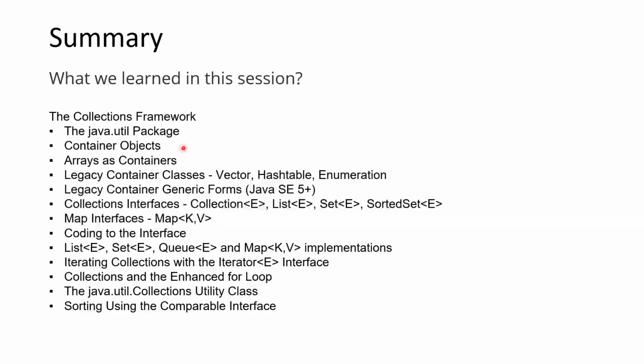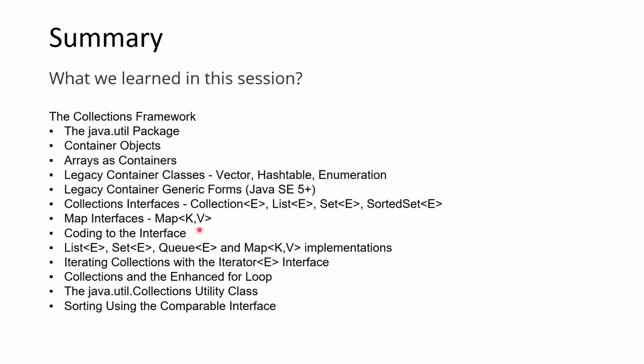So this was a long session, but what we learned in this session, we learned about the Java util package. We got our opportunities to use it. We learned about container objects, arrays as containers. We learned about legacy container classes such as the vector, the hashtable, and the enumeration, and the legacy container generic forms from Java Standard Edition 5, collection interfaces. So we looked at collections, lists, sets, and sorted sets.